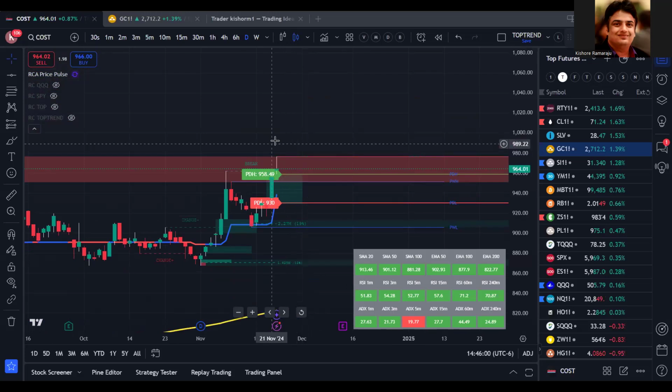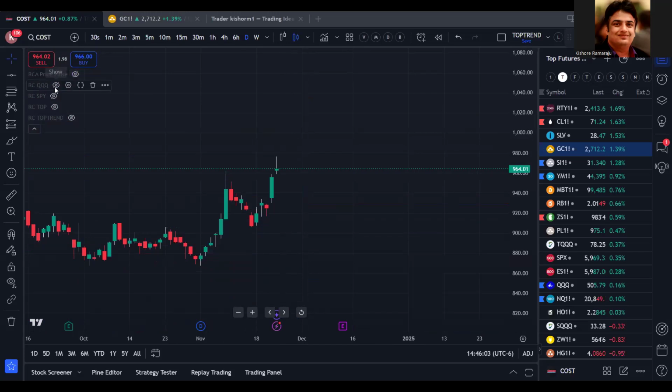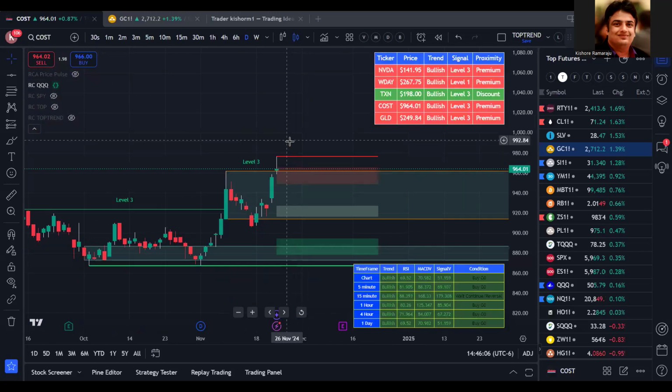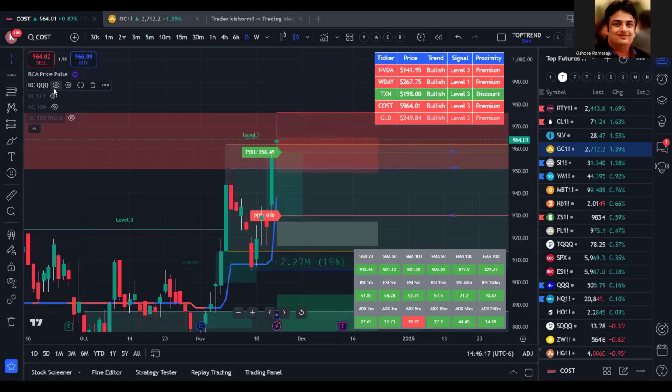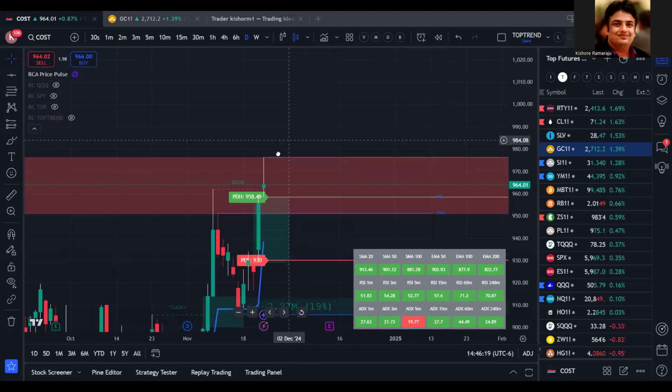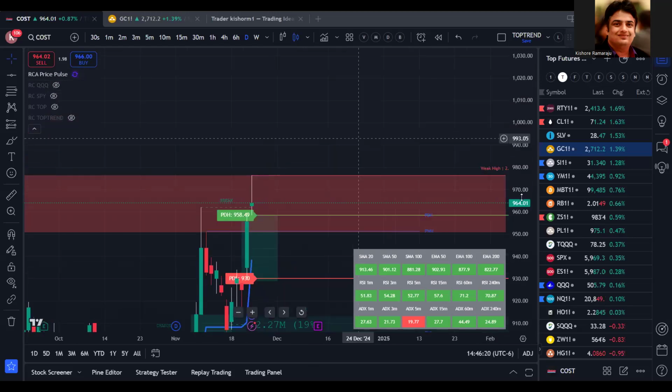So it is better you avoid it, because this line can continue to move up. It broke this sell order block, and we don't see any major sell orders by the big companies. Nobody has kept their limit orders. So it is better.